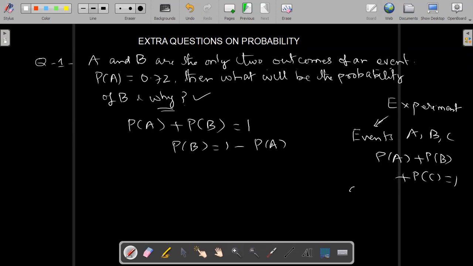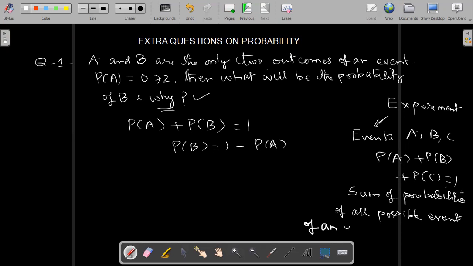Why? Because the sum of the probabilities of all possible events of an experiment is always equal to 1.